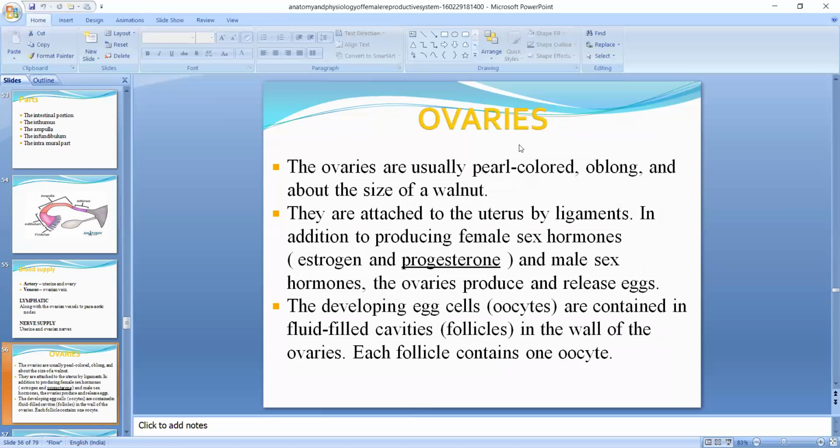Ovaries are small, pearl colored, about the size of a walnut, and attached to the ligament called the ovarian ligament. They produce hormones called estrogen and progesterone, and some androgens such as testosterone. There are follicles that produce ovum, and each follicle contains one oocyte.